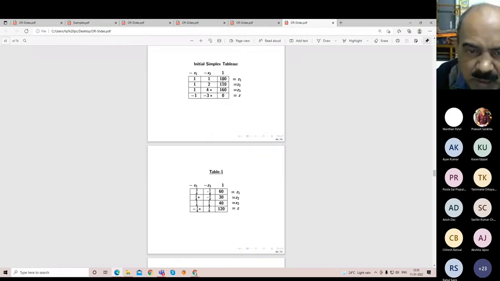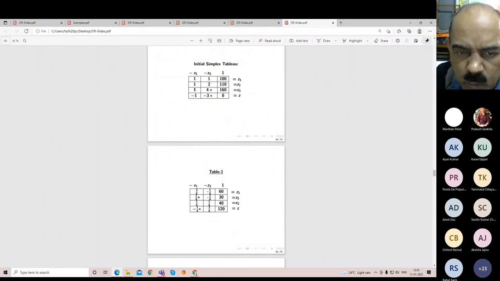This 4 is becoming 1 by 4. In the same row of this element 4, you divide the other elements by 4.